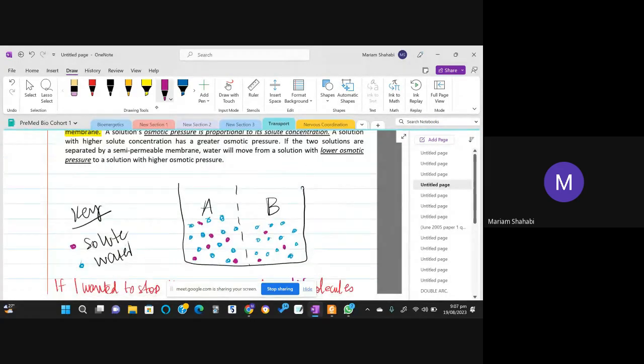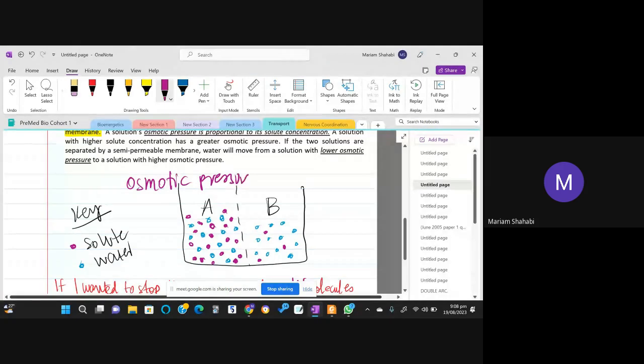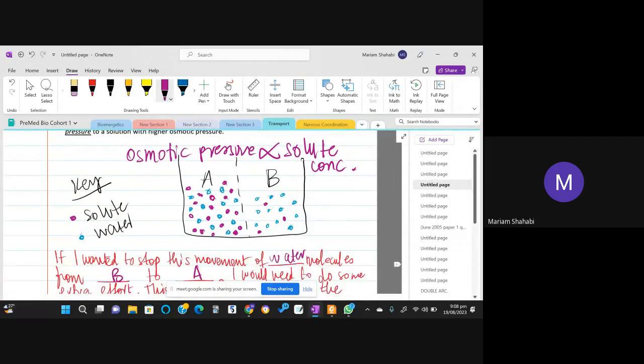Obviously, अगर यहाँ पे difference ज़्यादा होगा, अगर मैं यहाँ पे A में और solute add कर दूँ, so it will obviously attract water molecules with an even greater tendency. ठीक है? वो और ज़्यादा अपनी तरफ attract करेगा. तो मुझे और ज़्यादा काम करना पड़ेगा to prevent this movement from taking place. So, osmotic pressure is directly proportional to solute concentration. ठीक है? Does that make sense?